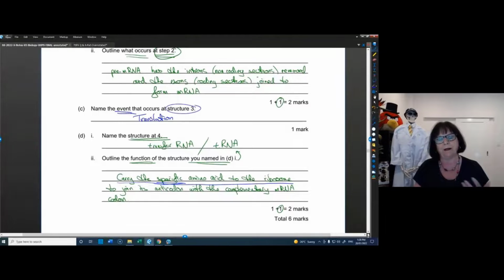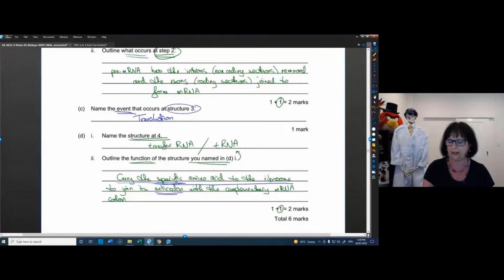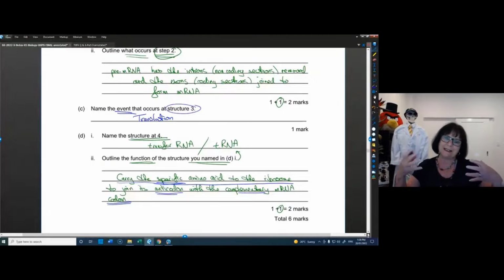But VCAA, and I suggest if you can, what I call modify, if you can embellish your answer a little bit and add a bit more information about the anticodon on the tRNA being complementary or opposite to the codon on the mRNA, just adds to the quality of your answer. You don't get an extra mark for it, but if VCAA wants that extra information, you've got it there. So always try to just see if you can just add a little bit of extra information, relevant, not irrelevant.